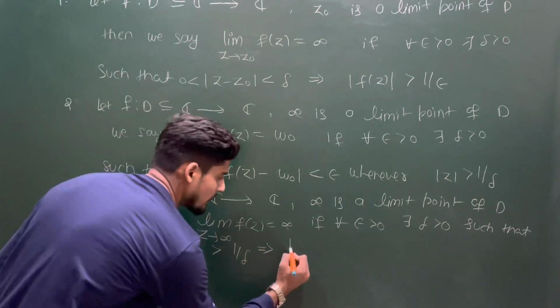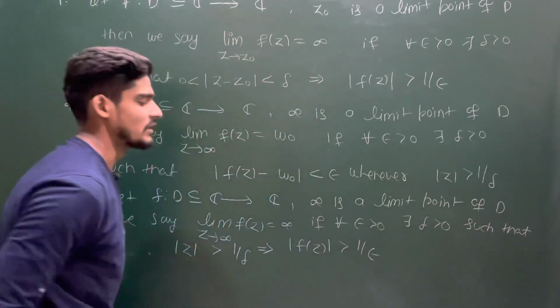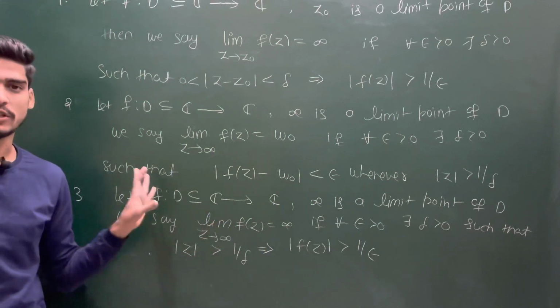This should imply mod f(z) is bigger than 1 by epsilon. This is the definition when your limit is infinity as z approaches infinity.